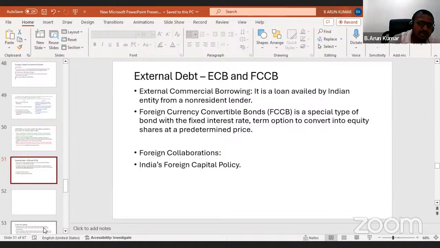So if any foreign company shows interest to invest in India, we give some benefits and a smooth process to invest. This is discussed in this Indian foreign capital policy. Likewise, any country needs foreign capital for its development purposes and for improving investments.